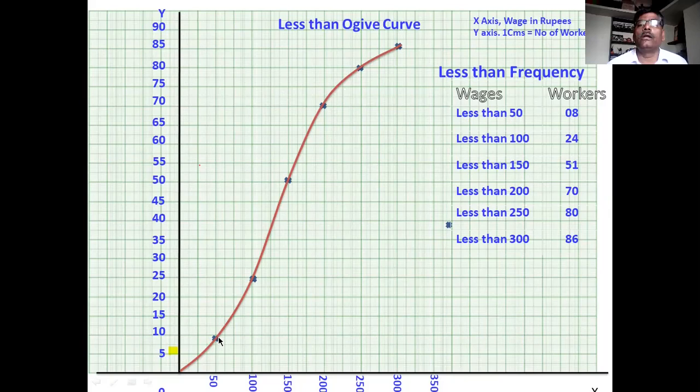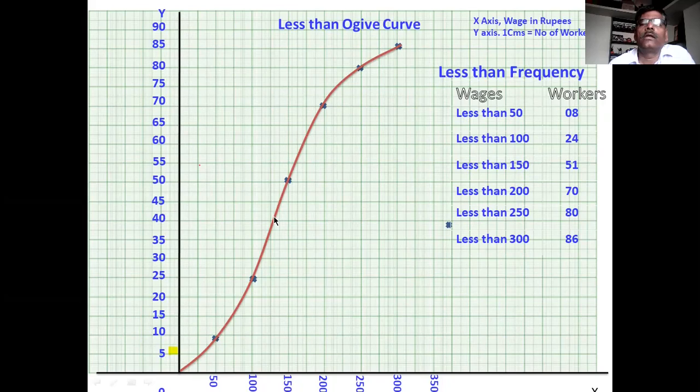How to calculate the median? Median is calculated on the basis of this value. The total value n is 86. 86 divided by 2 is 43. I already calculated this in the previous slide. 43 on the y-axis comes here.